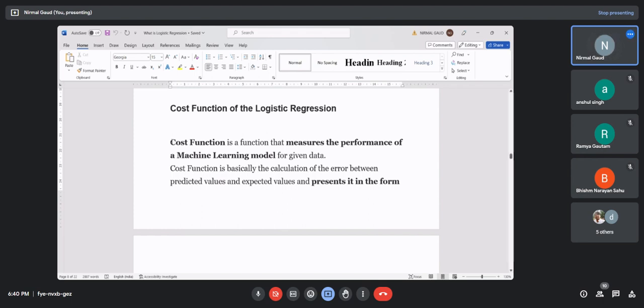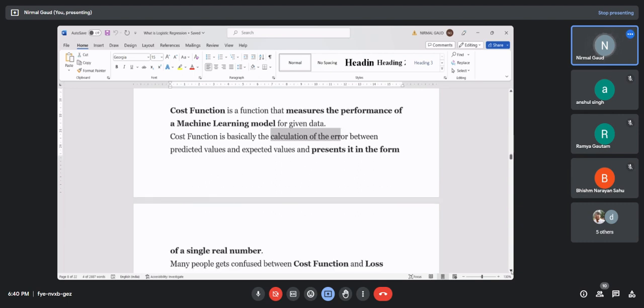Here it's clear that the cost function is a function that measures the performance of a machine learning model. So we are checking the performance. That means ultimately, if the error is less, performance is good, and if the error is more, performance is less. We have done the calculation of error in linear regression also.